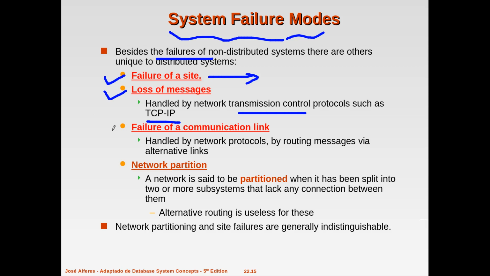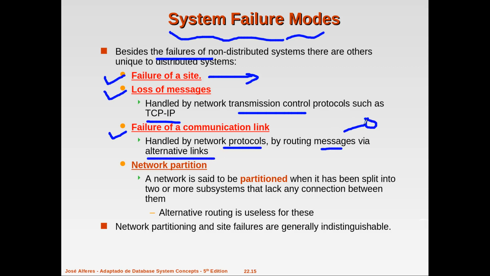Now similarly, another failure chance is the failure of a communication link. The link to a particular site may be lost. That is also handled by the network protocols by routing the messages via alternative links.